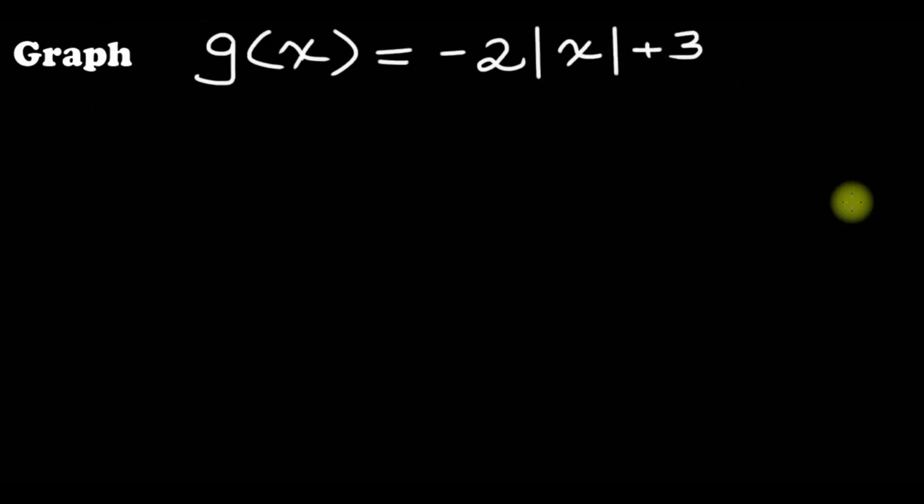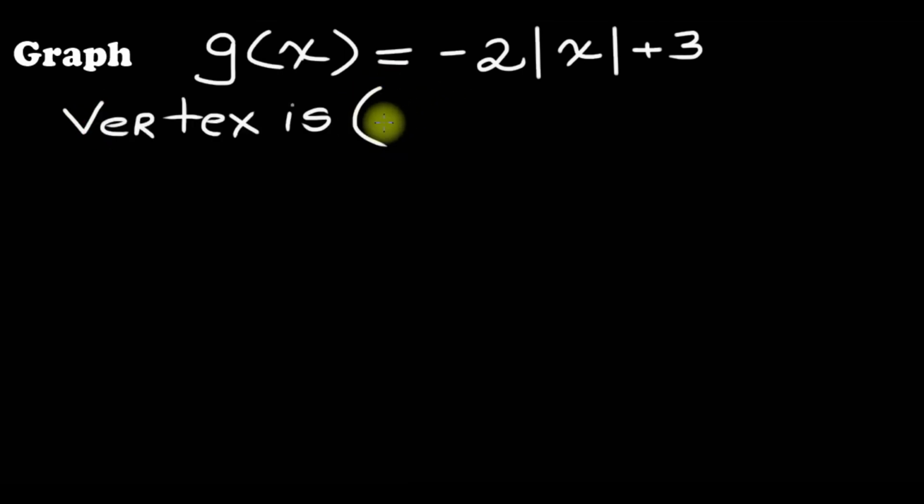Okay, so now we're going to get into graphing absolute value functions. All right, so graphing g of x is -2 times the absolute value of x minus 0, plus 3. First thing we need to do is come up with the vertex. So the vertex is (h, k), right? The x-coordinate of the vertex is your h.